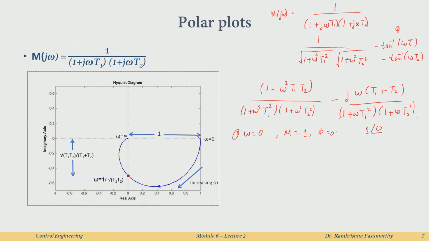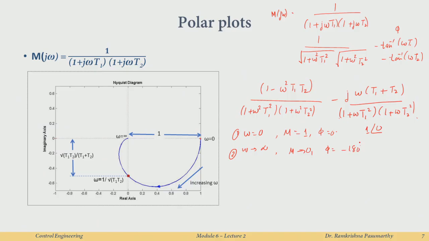Second, what happens when omega tends to infinity? This naturally goes to 0, and the angle phi is minus 90 for this guy and minus 90 for this guy, which would be minus 180 degrees.